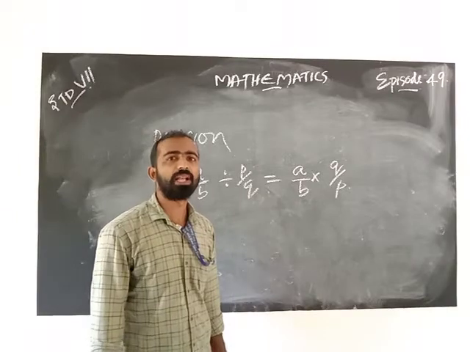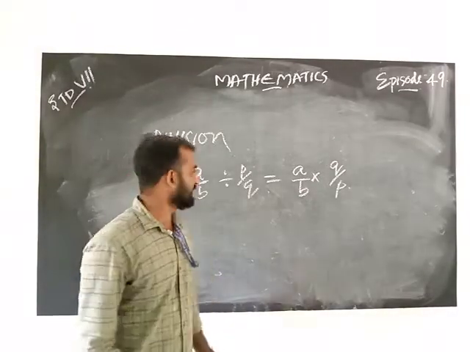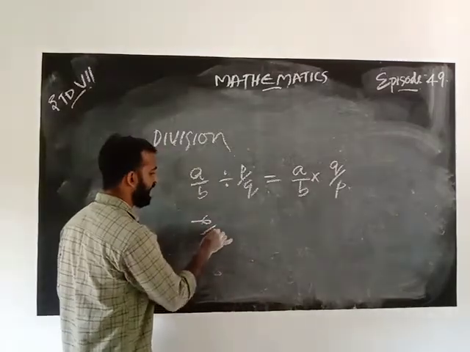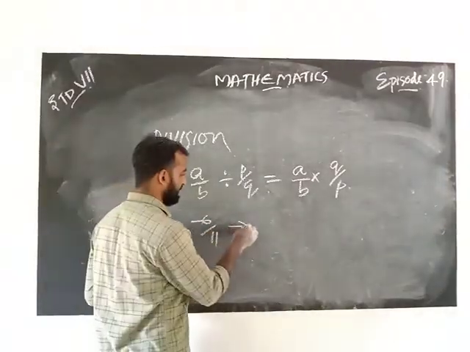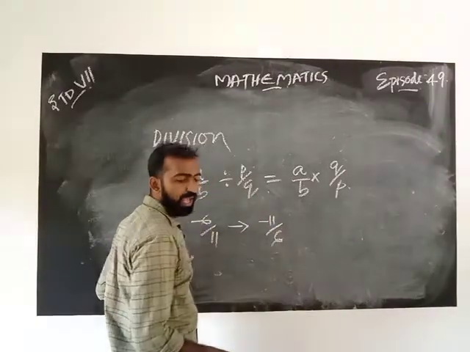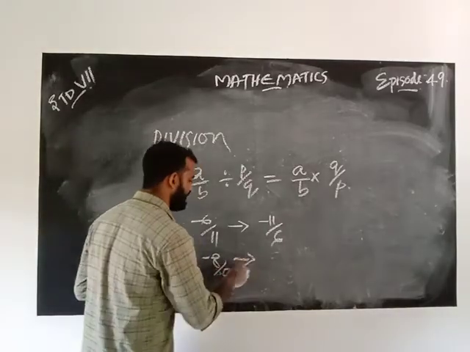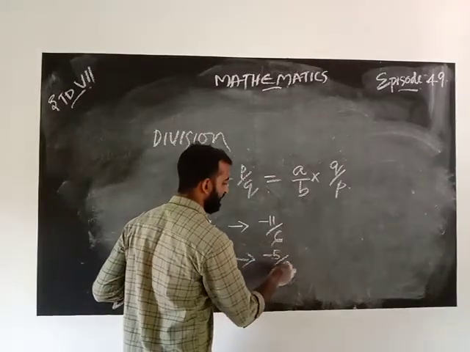For example, what is the reciprocal of negative 6 by 11? The reciprocal of negative 6 by 11 is negative 11 by 6. And for negative 8 by 5, it is negative 5 by 8.